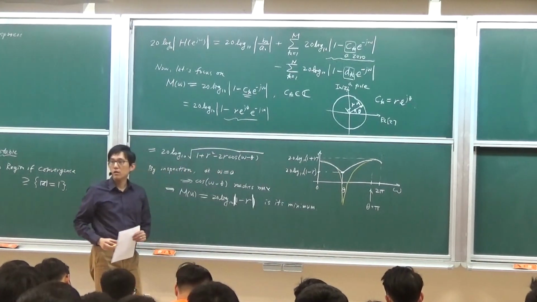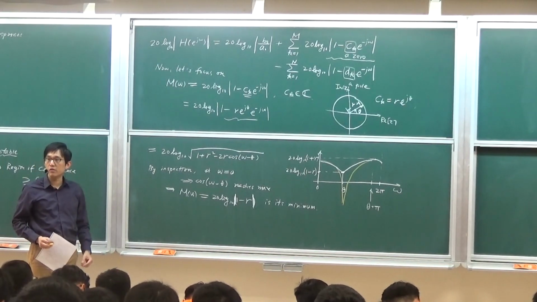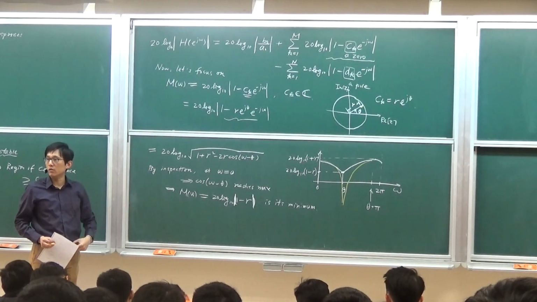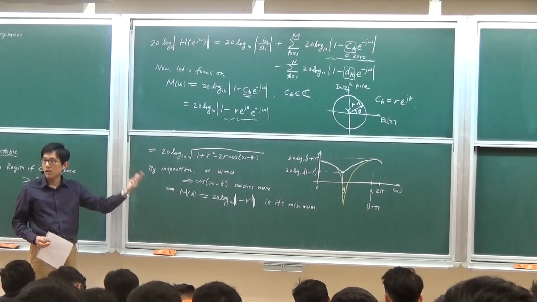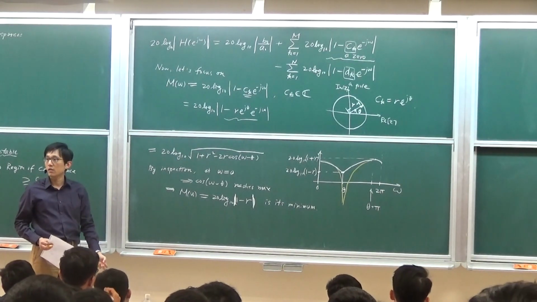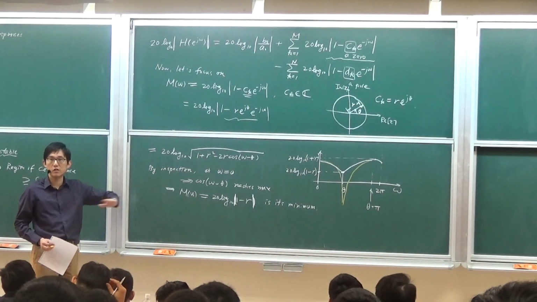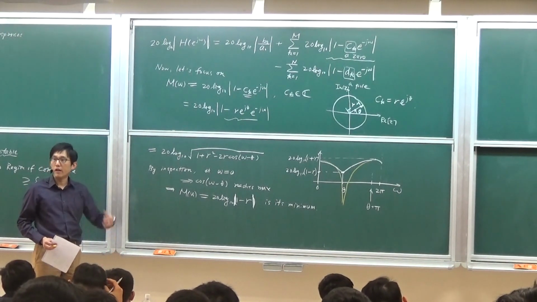That makes a lot of sense, because in the extreme case where the zero is located right on the unit circle, the gain at that frequency is exactly 0. And 20 log 10 of 0 is minus infinity, which means the signal at that frequency will be totally cancelled out in the output.